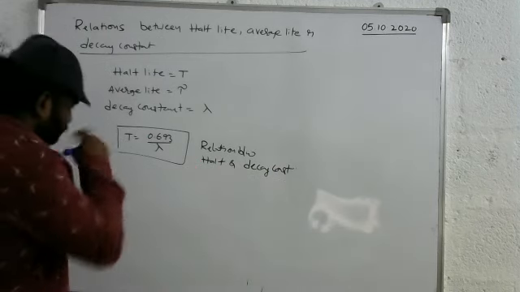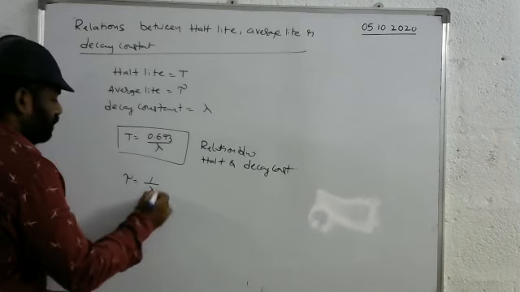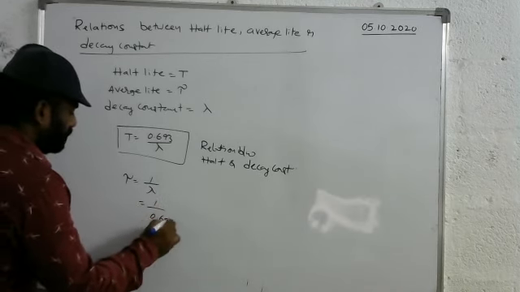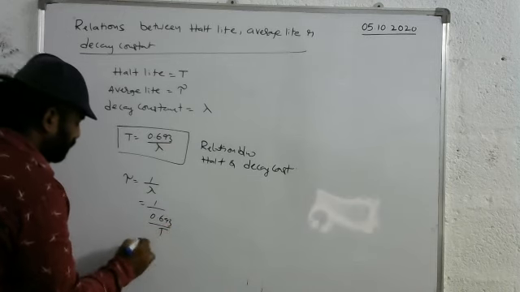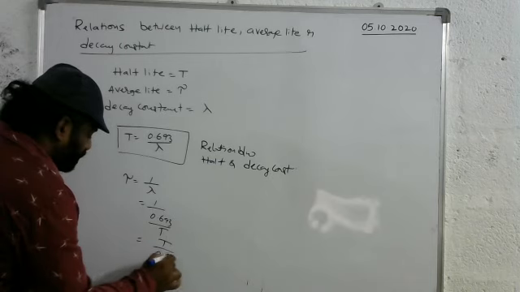Next we have tau is equal to 1 by lambda. 1 by lambda is equal to T by 0.693, so tau is equal to T by 0.693.